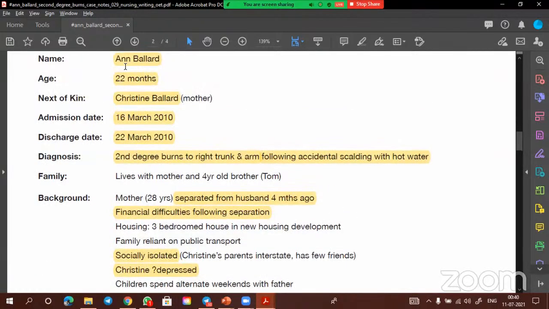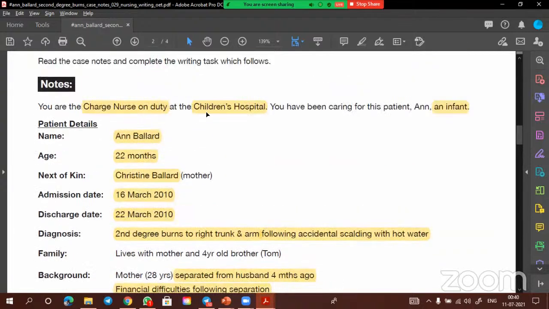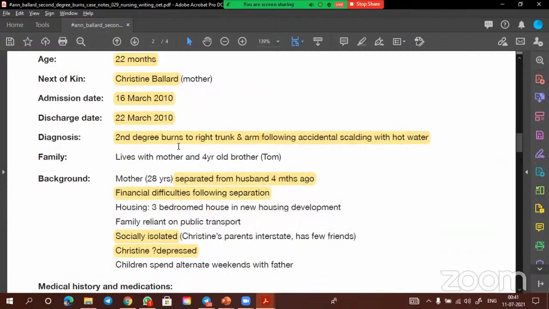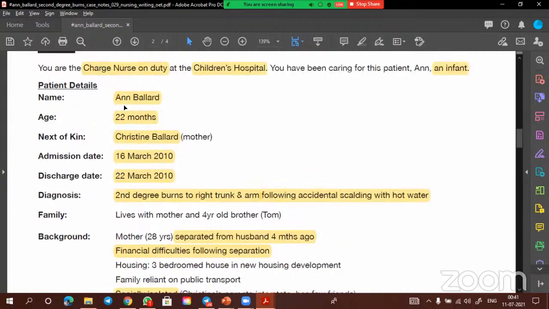So Anne Ballard was admitted to the Children's Hospital on 16th March 2010 with second degree burns to her right trunk. His or her, Anne is a girl. So her, right trunk and arm, following accidental scalding with hot water.